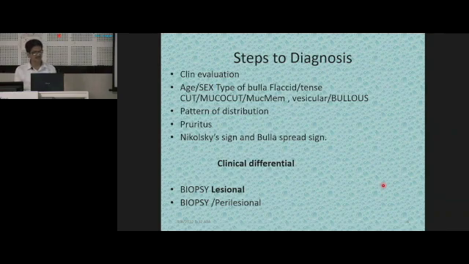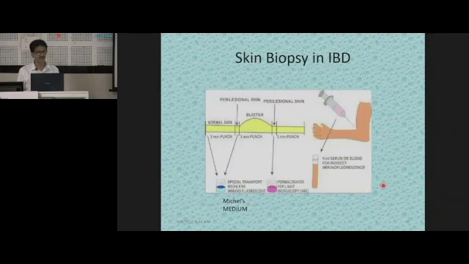After this, the dermatologist would arrive at a clinical differential, and then might take a simple lesional biopsy, and if he intends to and the facilities are available, he would take a perilesional biopsy to be sent for higher studies on immunofluorescence. This is showing the skin biopsy; you can see the perilesional skin. A punch is being taken, and it has to be processed separately.